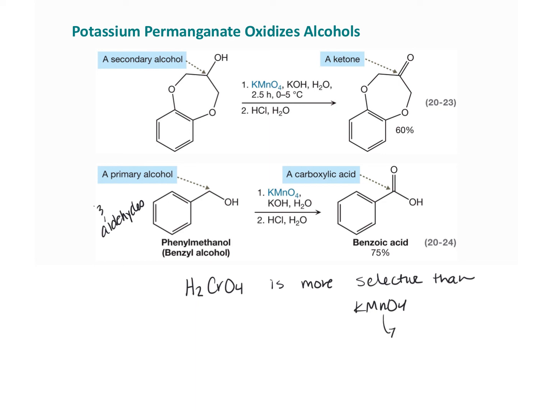So it can also oxidize things like alkenes and alkynes and alkyl benzenes. So you really have to watch when you use KMnO4 that you don't have lots of other functional groups that can also be oxidized as well.